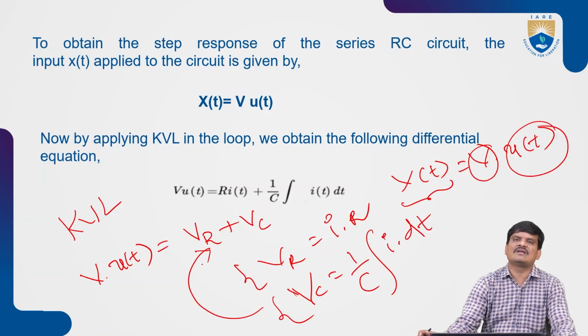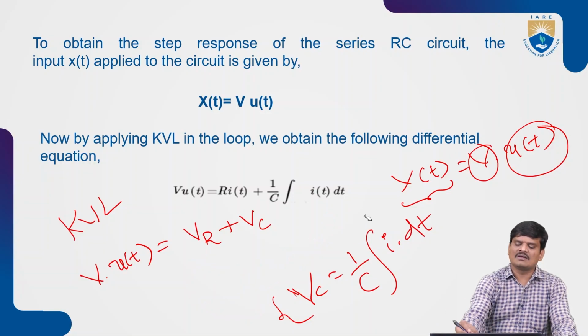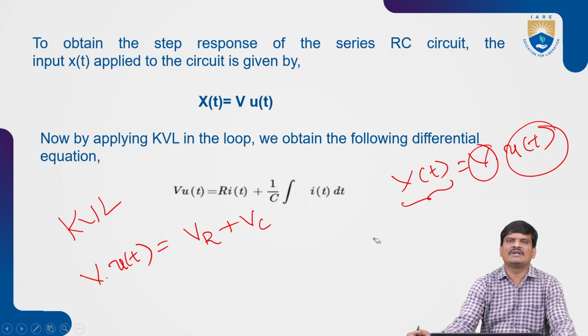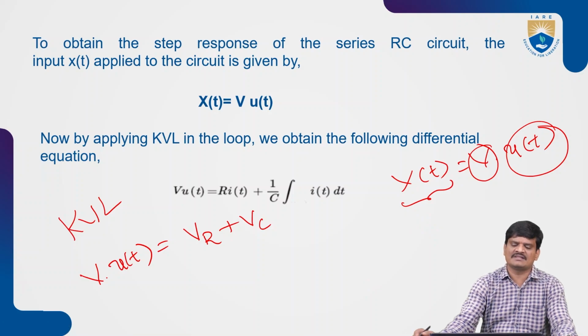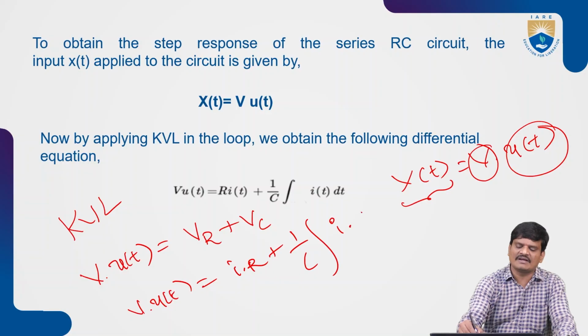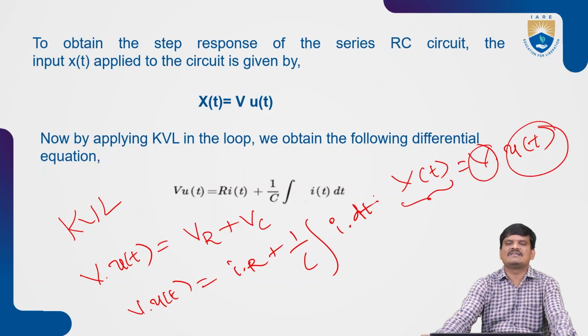Substitute these parameters in the above KVL expression. You will get the expression using KVL for the supplied voltage and the voltage across the passive elements connected in a circuit. So VR is I into R, and VC is 1 by C integration of I into dt.